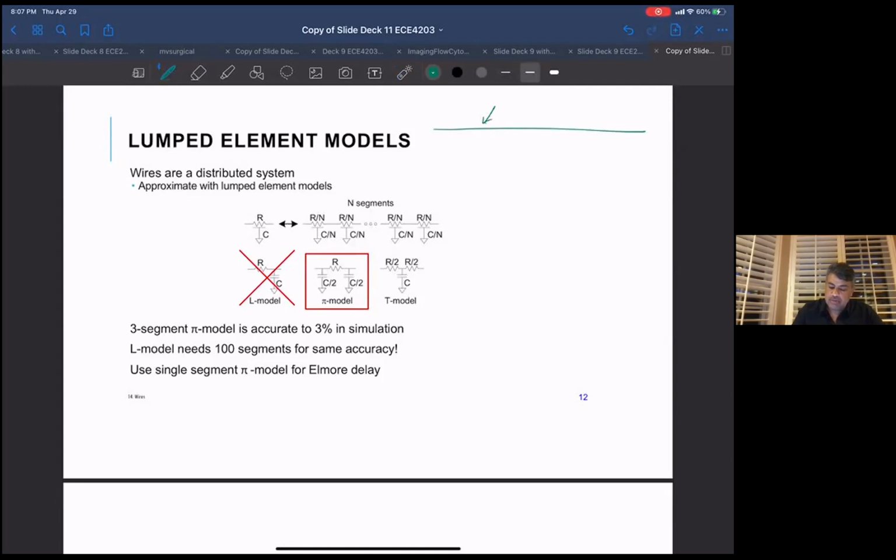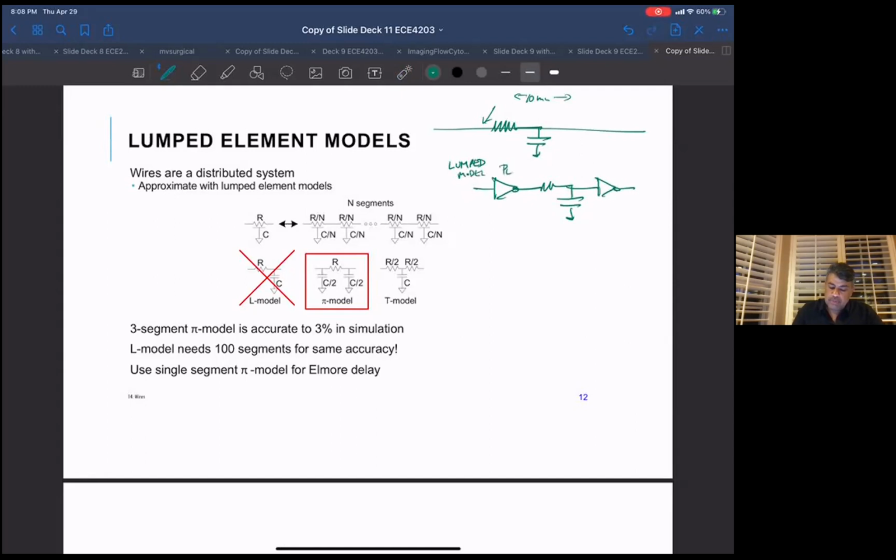Let's say you've got a 10 millimeter line, and you calculate the total resistance and the total capacitance of this line, and you want to use that in your simulation as if you had an inverter, a resistance, and a capacitance. It's going to give you a very pessimistic value. That's called a lumped model.